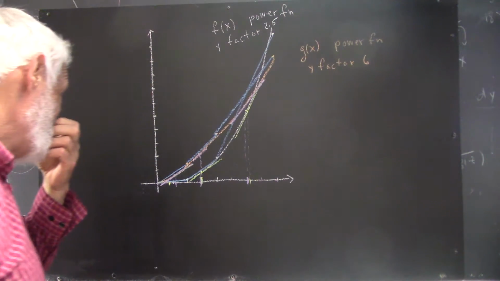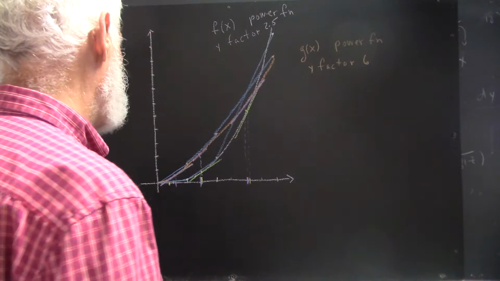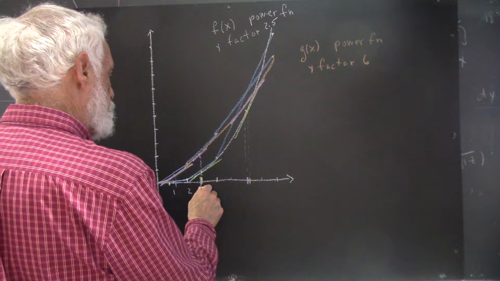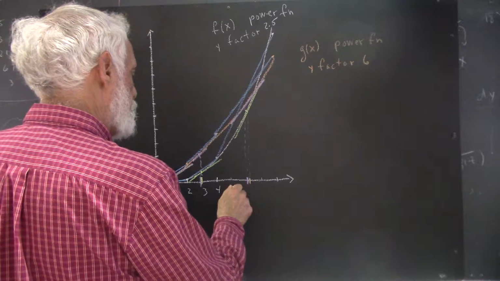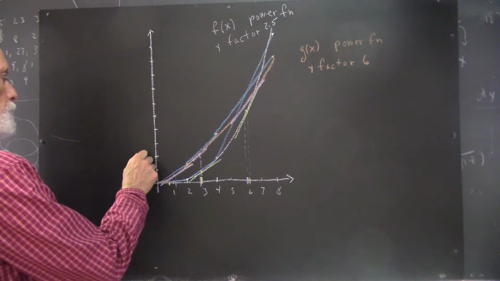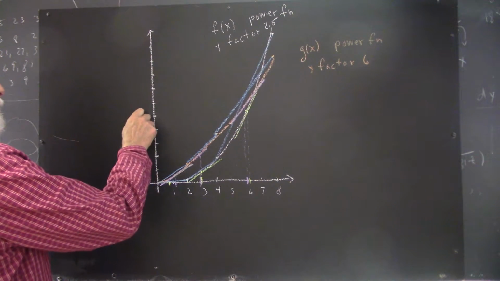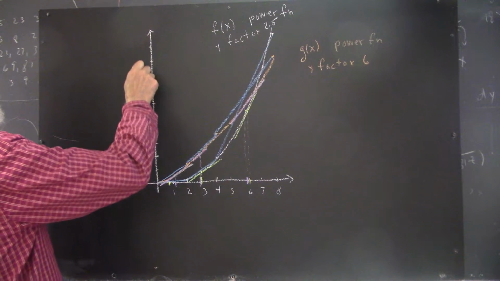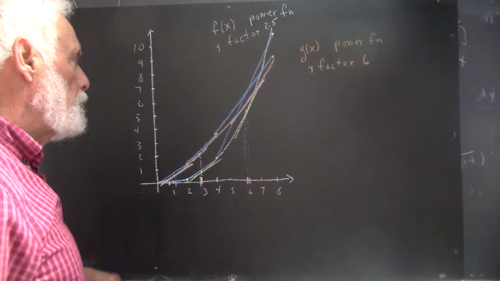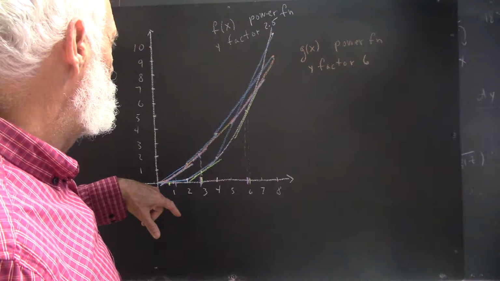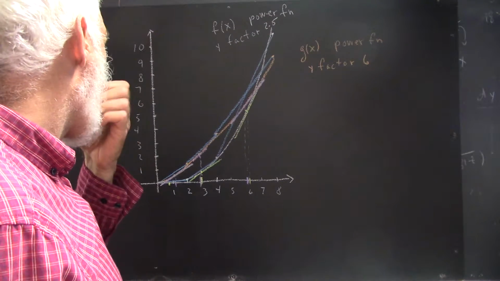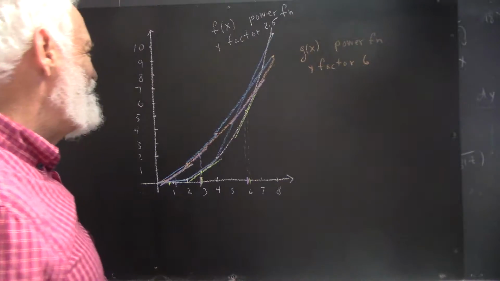Now, I want to estimate these slopes. I am going to assume that I've got units 1, 2, 3, 4, 5, 6, 7, 8 here, and 1, 2, 3, 4, 5, 6, 7, 8, 9, 10 here. Now I want to get the slope of each tangent line.